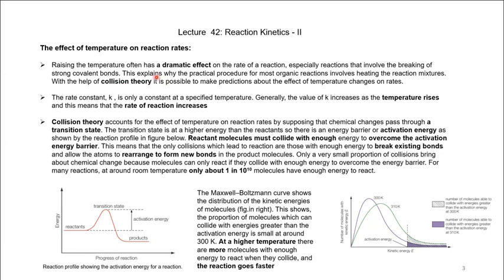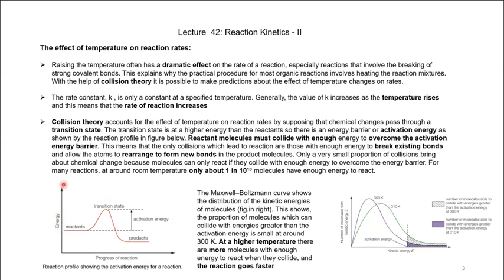With the help of collision theory, you can explain this effect of temperature changes on rates. The rate constant is a constant at a specified temperature. Generally the value of the rate constant increases as temperature rises, so that means the rate of reaction also increases. We have a theoretical reaction profile, I would say.